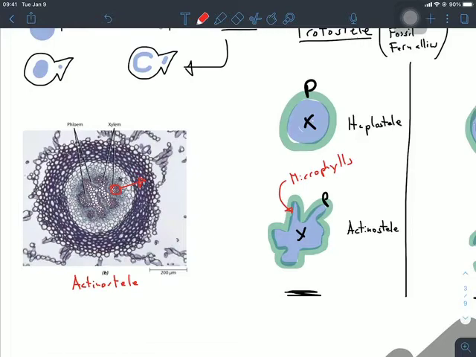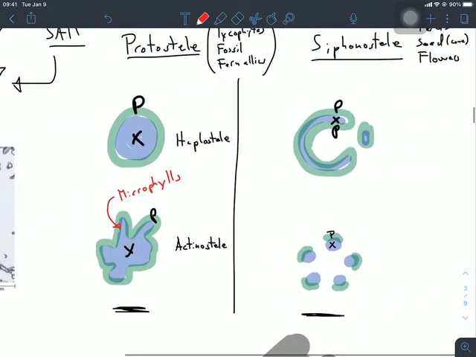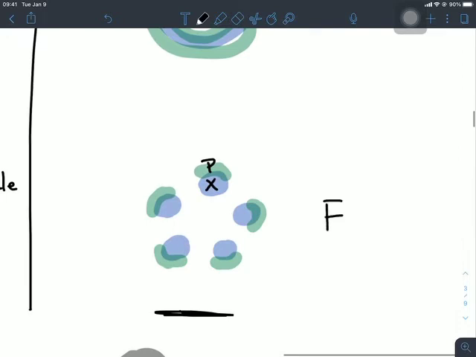Our two siphonosteles are differentiated into the eustele, eu being the prefix for true or good, meaning that's the one that we discovered first because that's the one that we find in all of our flowering plants.